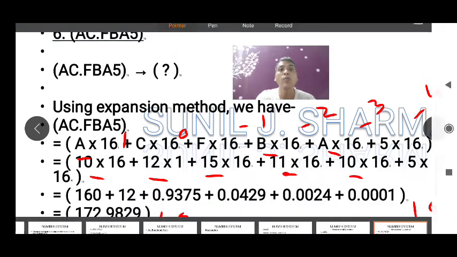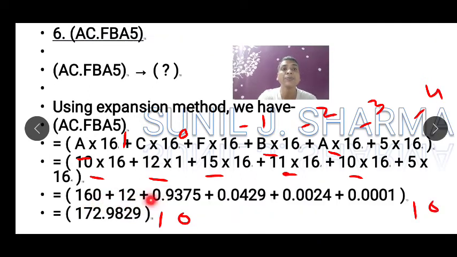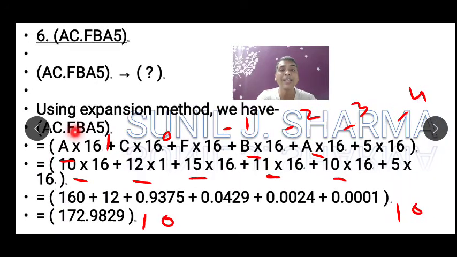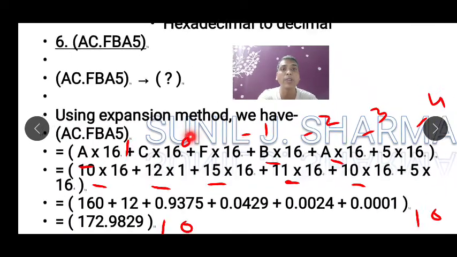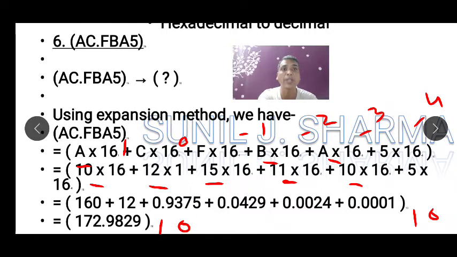Whatever the number, before the decimal point you write 16 raised to 0, 16 raised to 1, and whatever is after the decimal point, you write 16 raised to minus 1, minus 2, 3, 4, like that.